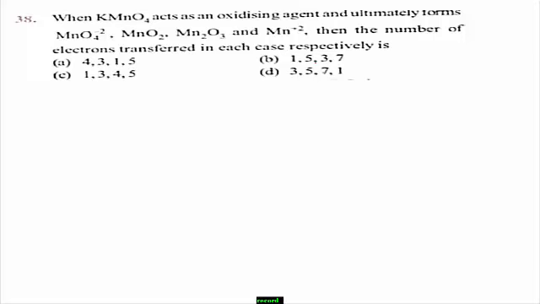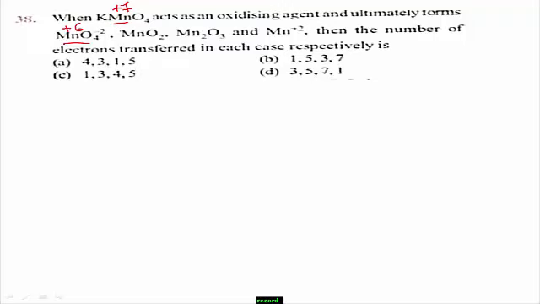Students, see my point? In KMnO4, the oxidation state of Mn is +7. In KMnO4, the oxidation state of Mn is +7, right? But in MnO4 2 minus, it is +6.